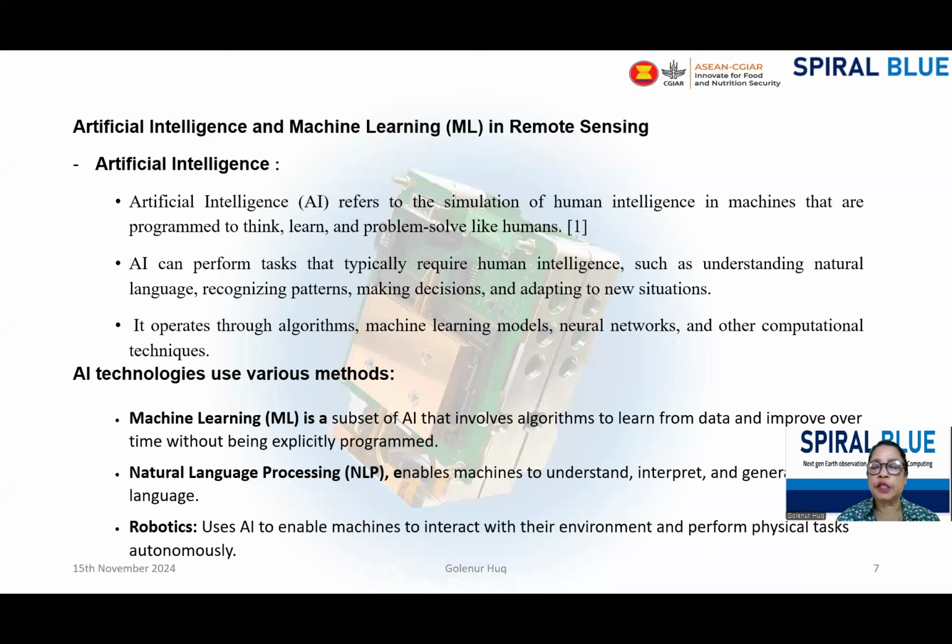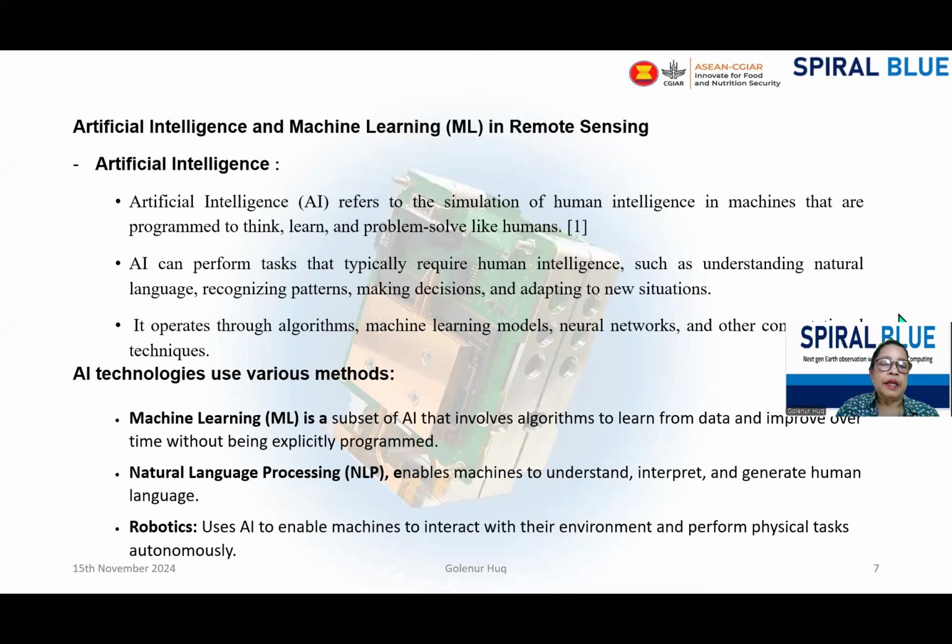Number 1 is machine learning, which is a subset of AI that involves algorithms that learn from data and improve over time without being explicitly programmed. Second one is natural language processing.